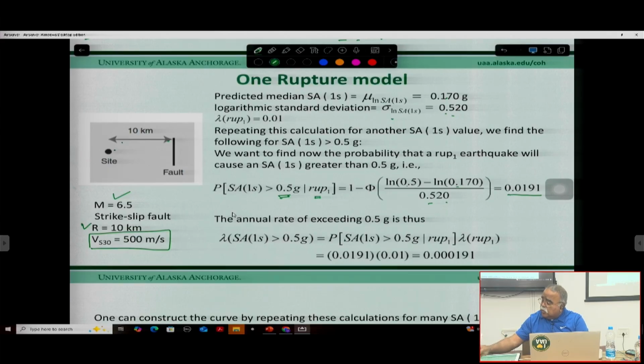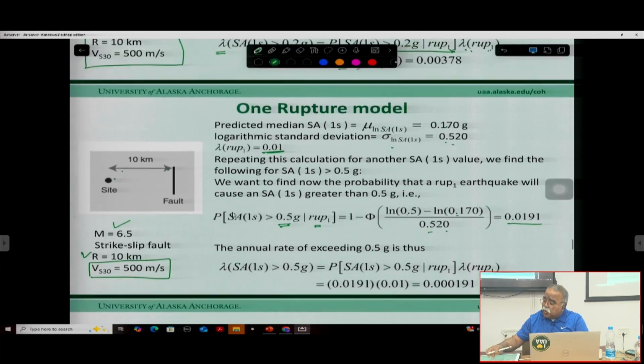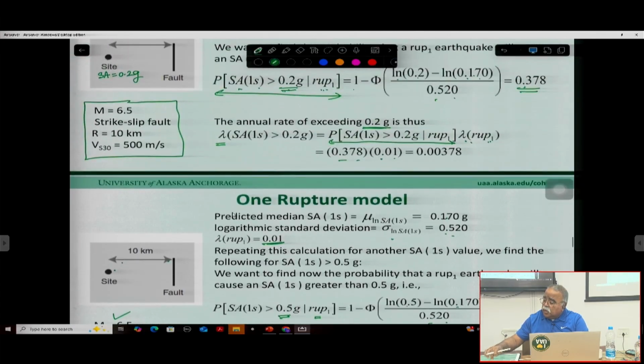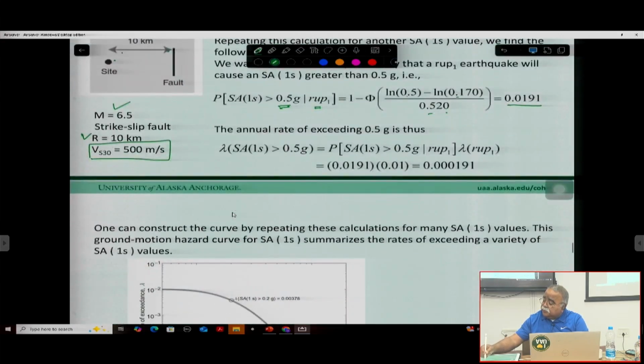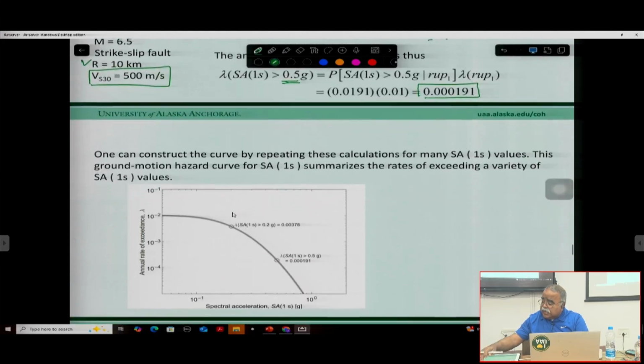If you multiply 0.0191 with your lambda rupture, here it is 0.01, then this will be equal to 0.00191, right? So that is the rate for 0.5 g. Make sense? So you can calculate these things directly like this.